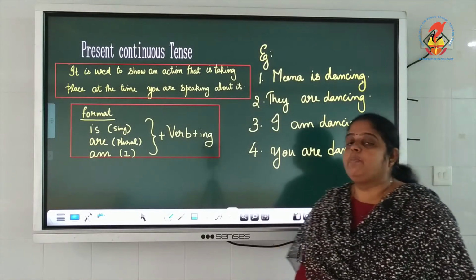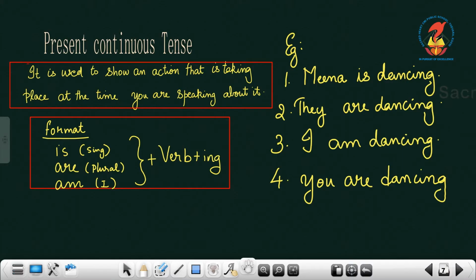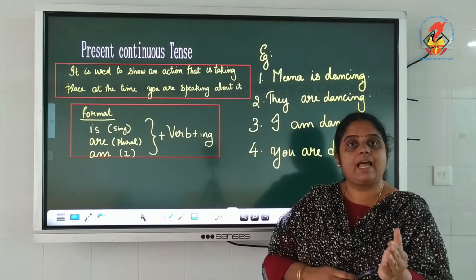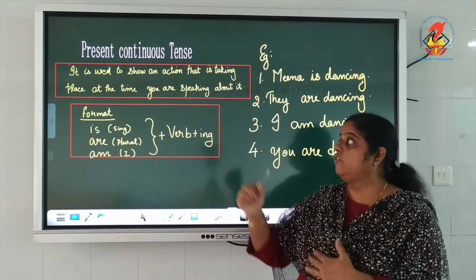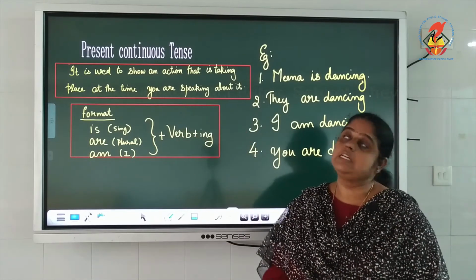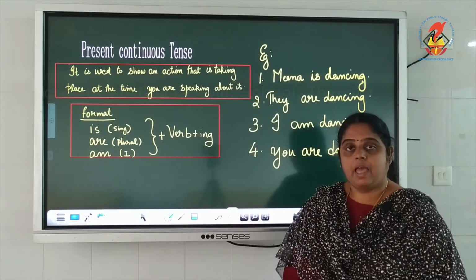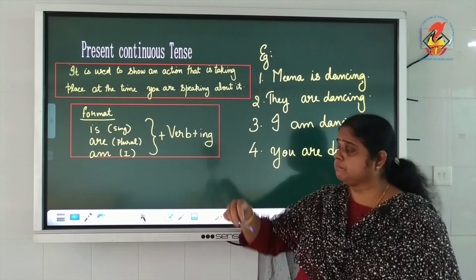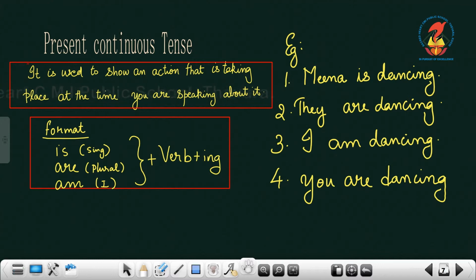Okay, so present continuous tense is used to show an action that is taking place at the time when you are speaking. When you are speaking and someone is doing an action at that time simultaneously, we say it is present continuous tense. For example, I am teaching.